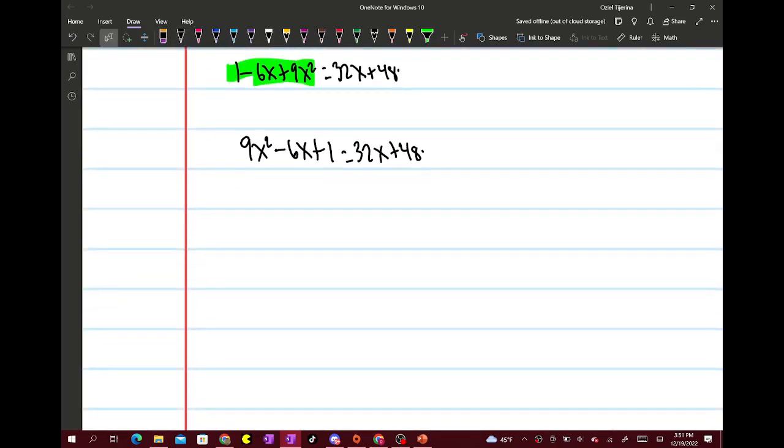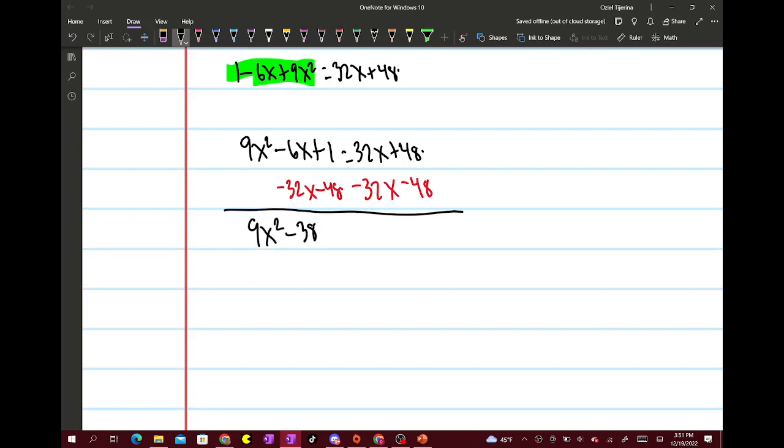And now we are dealing with a quadratic equation, so you'd have to set it equal to 0, right? So then we would subtract 32x and 48 on both sides. So this would give me 9x squared minus 38x minus 47 equals 0.